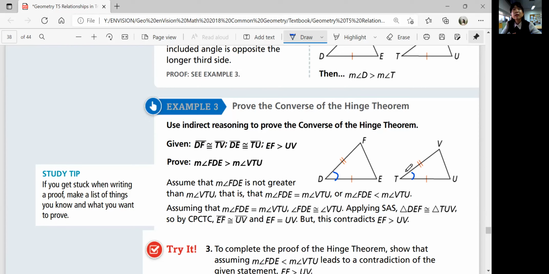But we're going to start with D is equal to T.